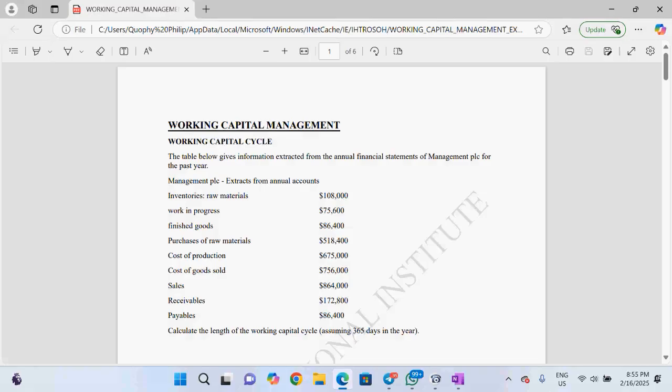The table below gives information extracted from the annual financial statement of Management PLC for the past year.